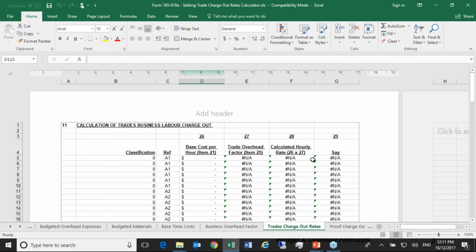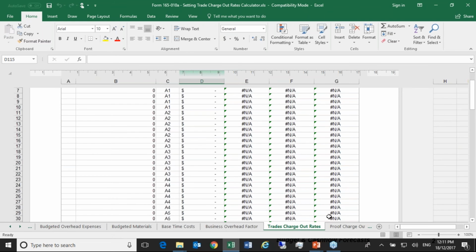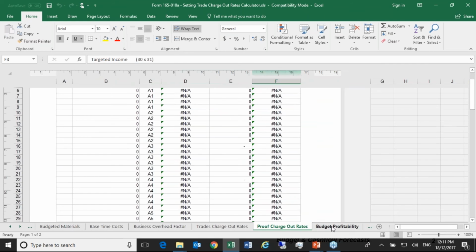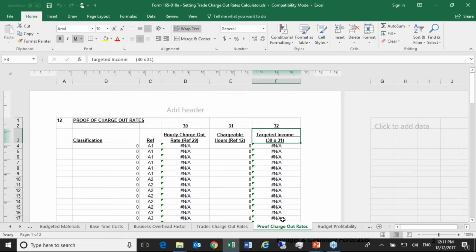The system then has a proof of the charge out rates, the classification, the hourly charge out rate to be utilised, the chargeable hours that we are budgeting for that classification, what that income will be when it is multiplied, and that will be totaled, so that you've then got the budgeted profitability.